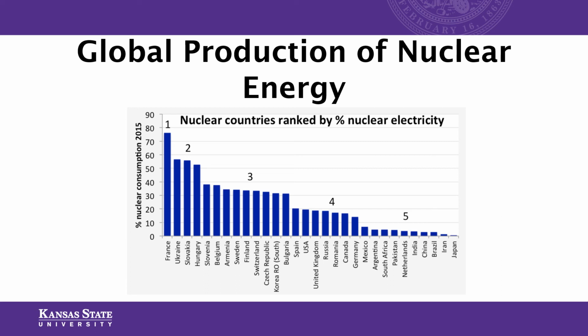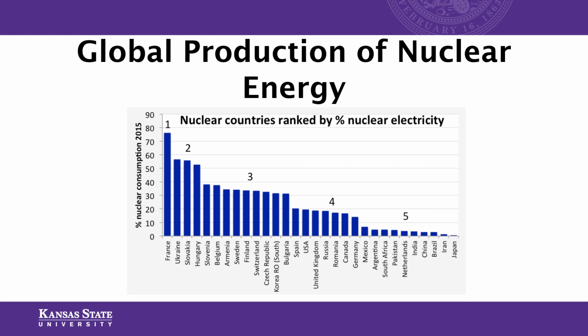And as I already said, they make up about 11% of all of our electricity. The biggest environmental benefit of a nuclear power reactor is that it doesn't emit any carbon dioxide emissions. So in terms of greenhouse gases, it's considered a clean way of generating electricity.